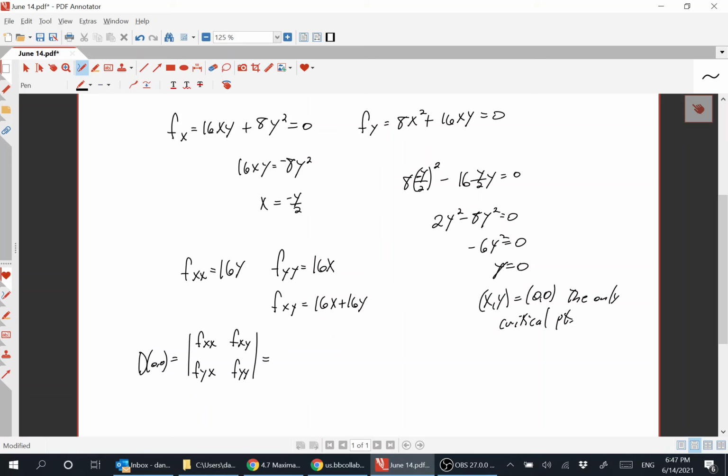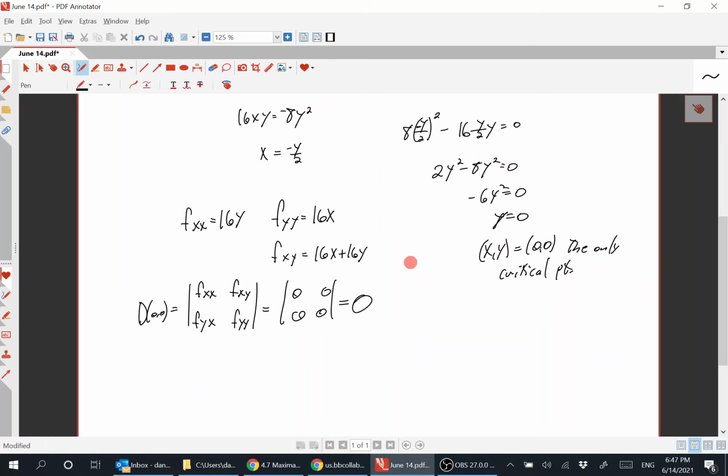Plugging in x and y equal to 0 and 0 just gives me 0, 0, 0, 0, which gives that 2 by 2 determinant equal to 0. So the second derivative test is inconclusive. So, hence showing the limitations of what that test can tell you.